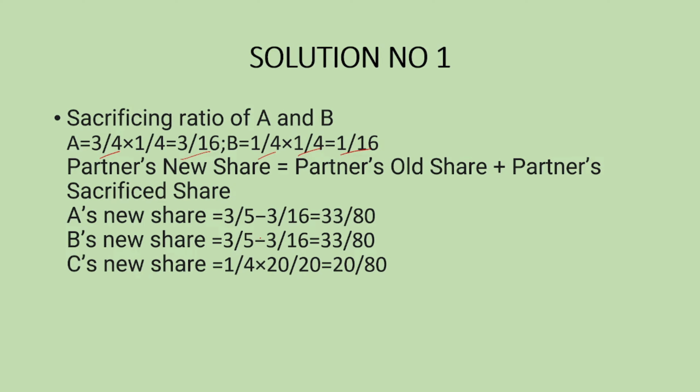That is, A's new share will be 3/5 minus 3/16, that is 33/80, and B's new share will be 3/5 minus 3/16, that is 33/80, and C's will be 1/4 into 20/20, that is 20/80.